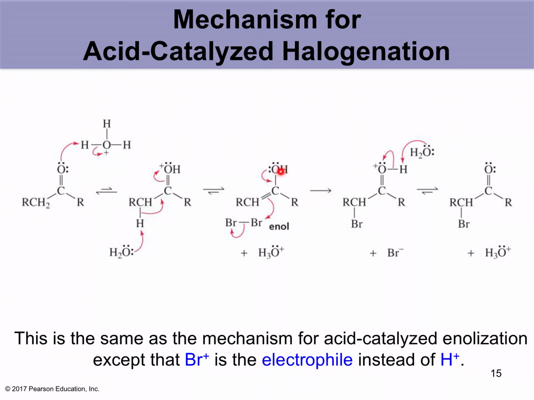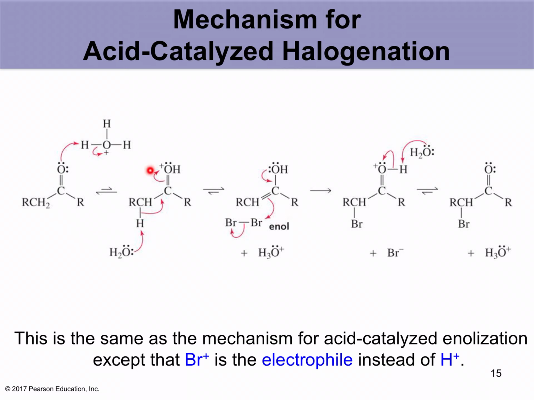And then the oxygen still has 1 hydrogen on it with a positive charge, another water molecule comes and grabs the hydrogen and forms the keto form. So you start with the keto form. The reason that we learned the keto enol tautomerism, you can see in these mechanisms, is that when a group is attached to the alpha carbon, it goes through formation of the enol.